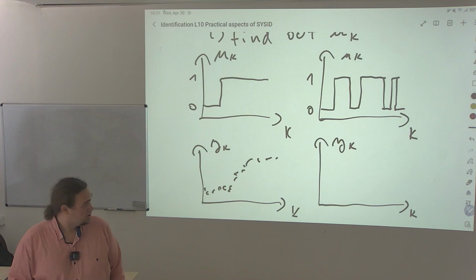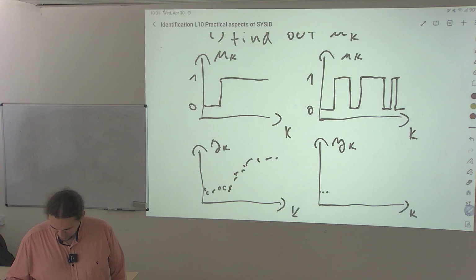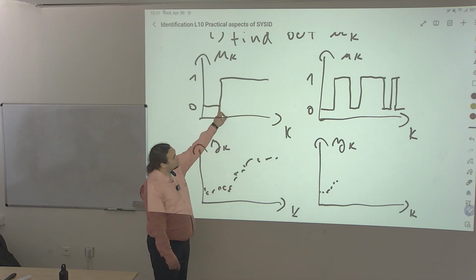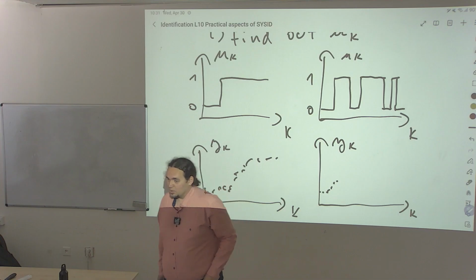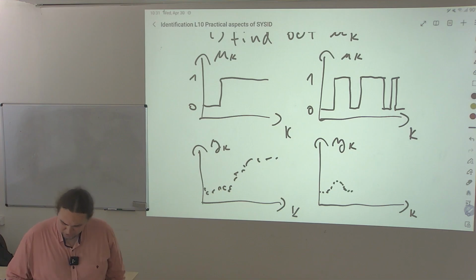So what would happen in the case of the second input? The first one is like a medium change. What's going to happen? The first part should be the same as the step response, but then we will get back with our input to zero. So it's like the start of the second step response.